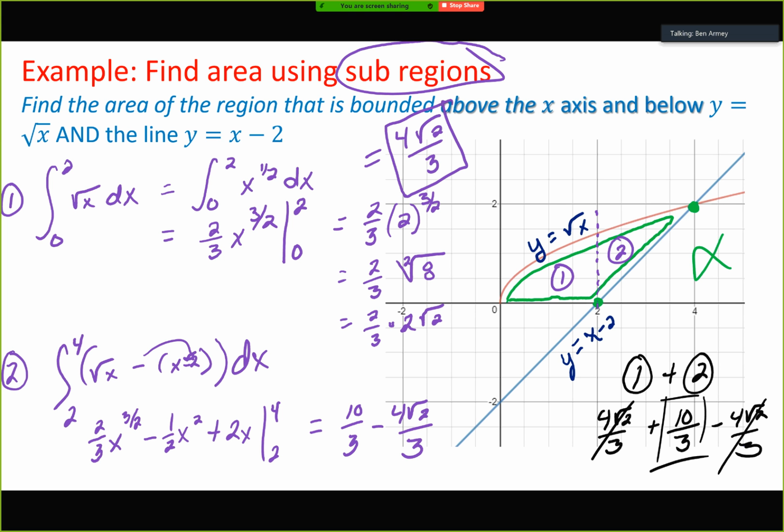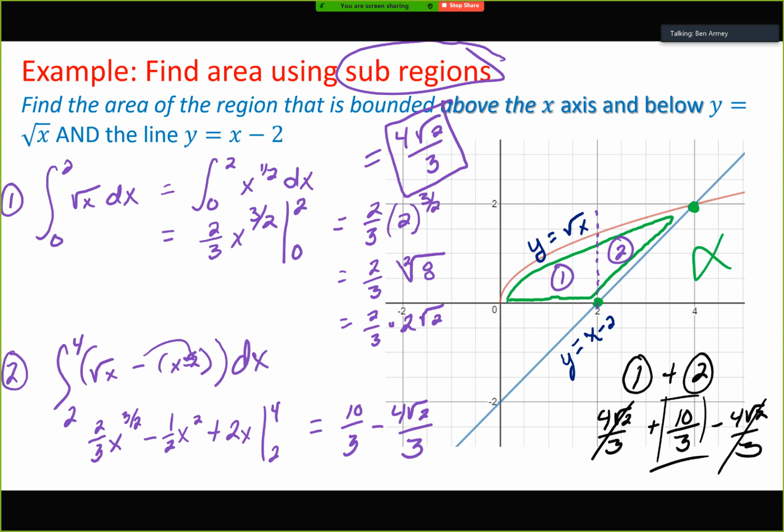No, because that's going to count this but not this. It would just be this whole line. If you integrate from 0 to 4, y equals the square root of x, that just gives you this whole thing. Correct. And then 2 times 2 times 1/2, and then you subtract this area minus that. Yeah, that's essentially the same thing that's happening.